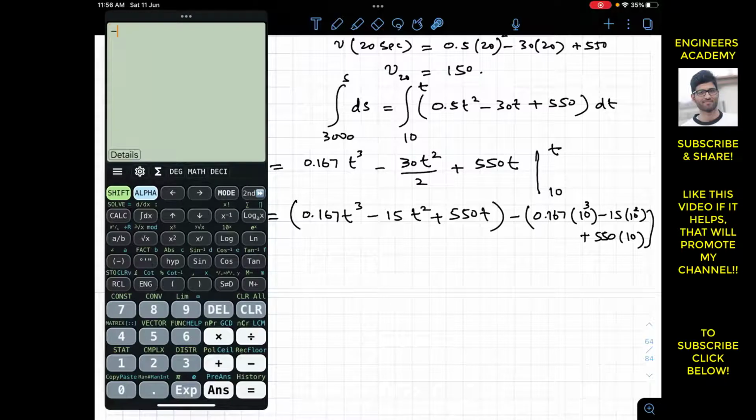So this is minus 0.167 into 10 to the power 3 minus 15 into 10² plus 550 into 10 and plus that 3000. So we will get this minus 1167.